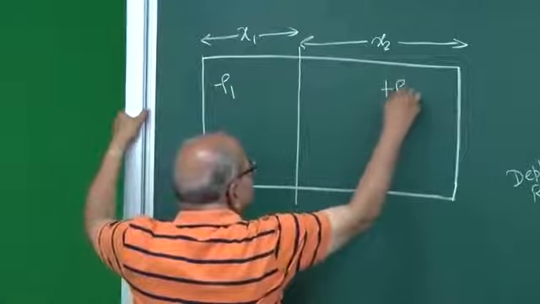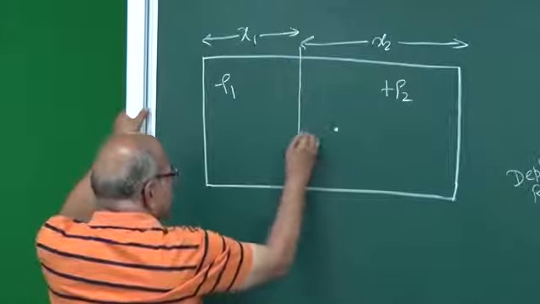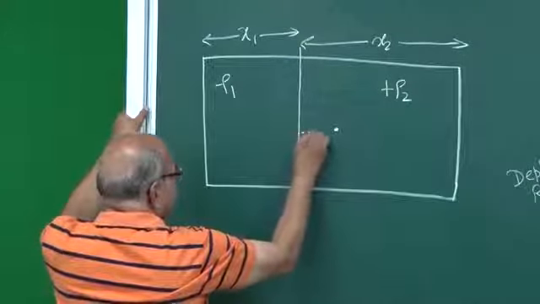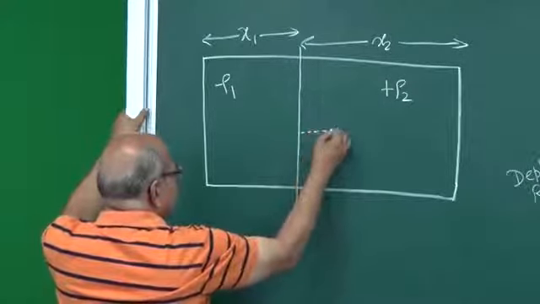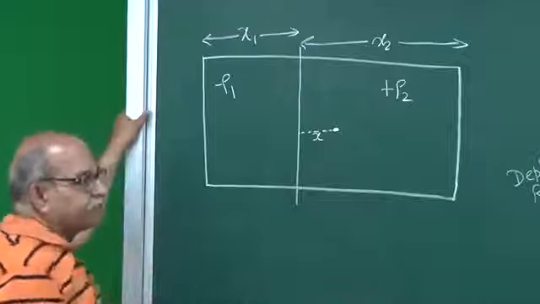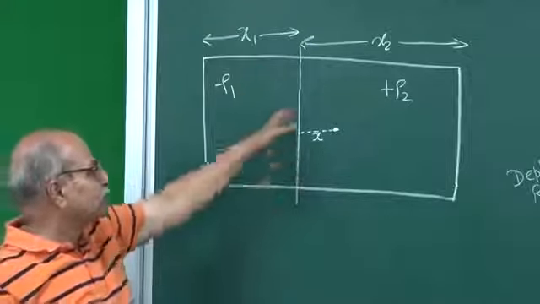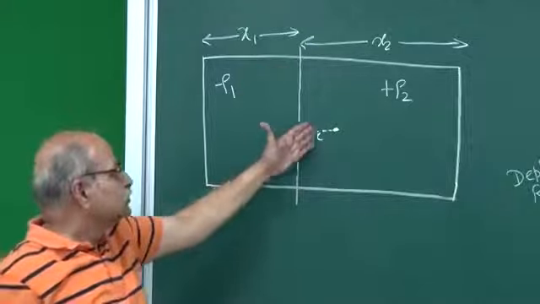And suppose I need the electric field at some distance x. Junction is x equal to 0. So at distance x, on that n type side, I am putting a point here. What is the electric field at this point?